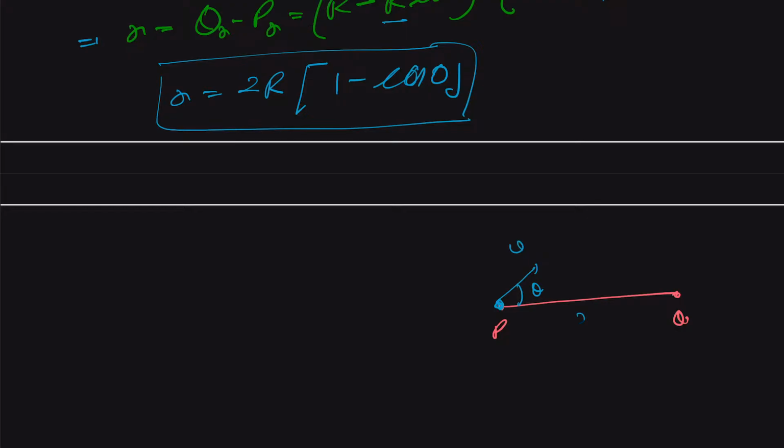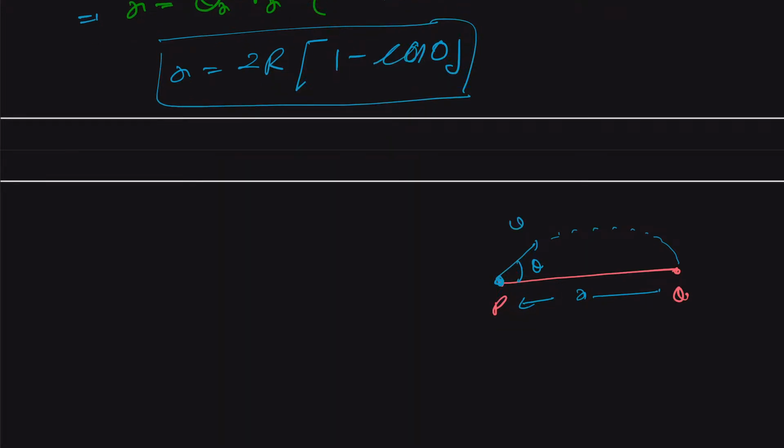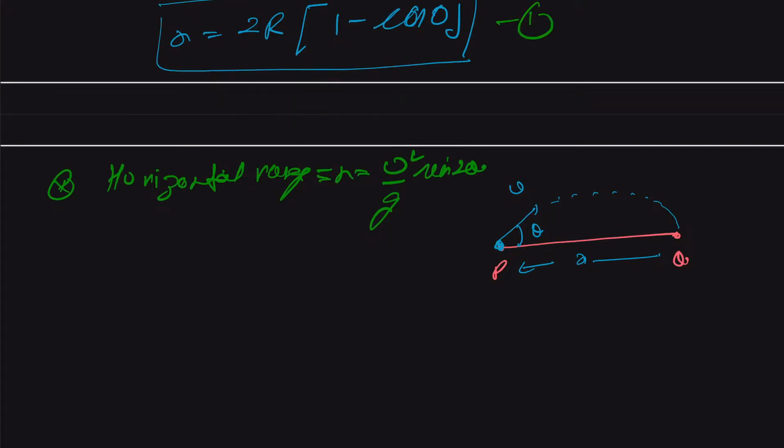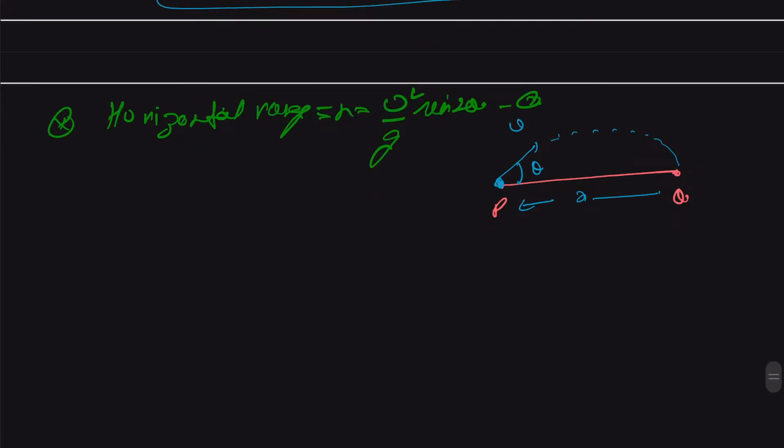This distance is also x, and it is going to land at Q. Therefore, we can say the horizontal range x is equal to v square upon g and sine of 2 theta. That is our standard relationship. And we can equate both equation 1 and equation 2.